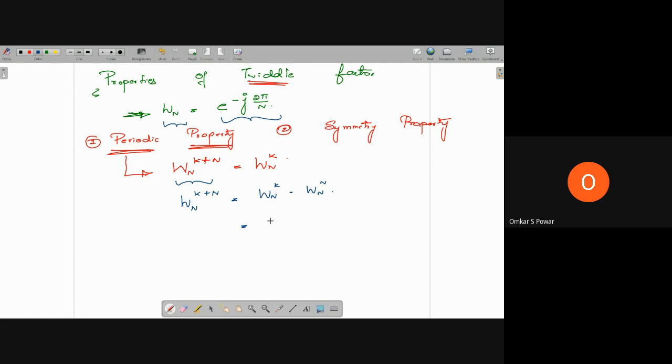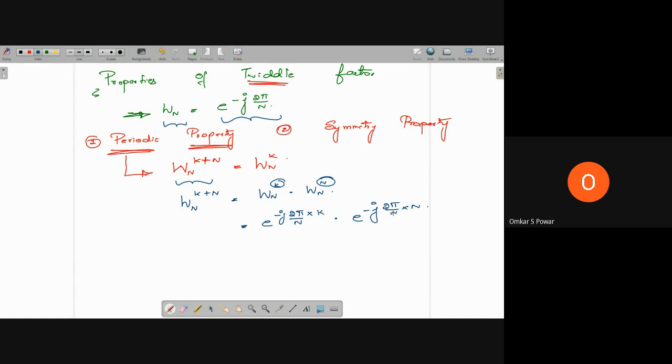So let's substitute that. E power minus j 2 pi by n, and we have k here, so multiply by k. What do we have here instead of k? It is n.